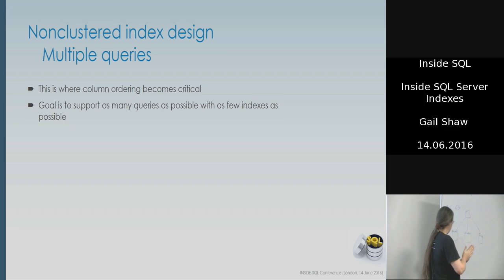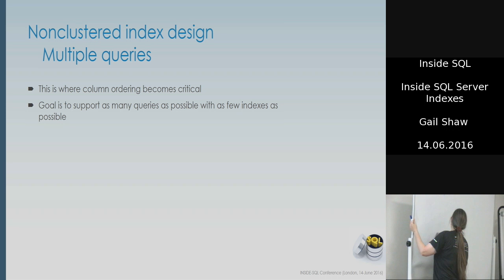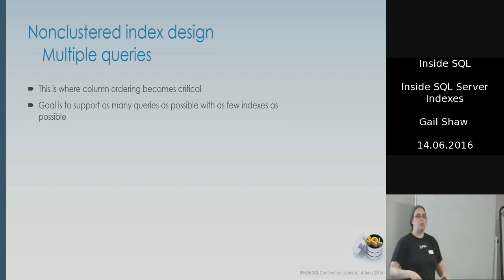I will recommend that for index design, you don't depend on this. So for example, let's say that's our clustered index on C1, and you need, for a particular query, a non-clustered index on C2, C1, include C4.